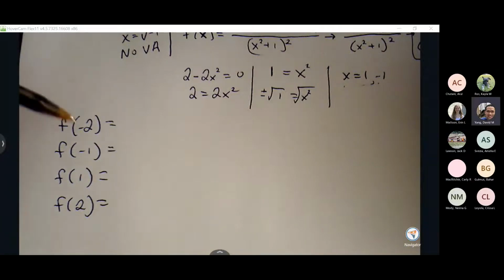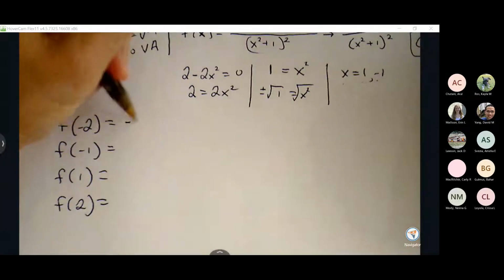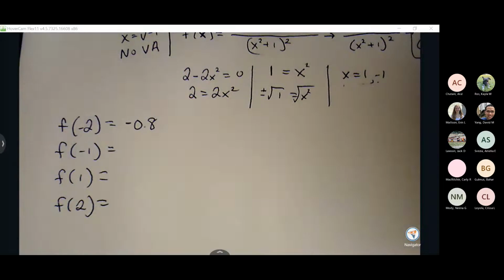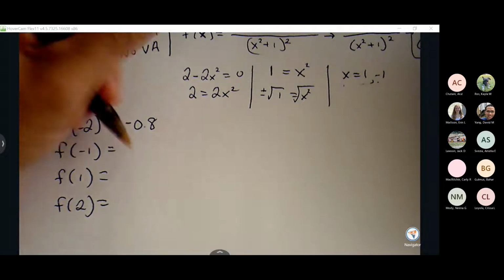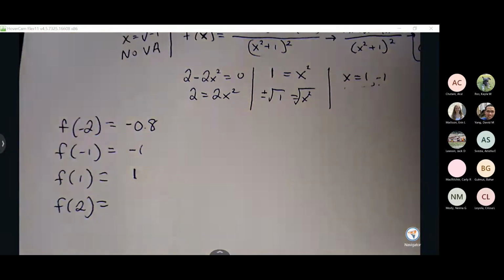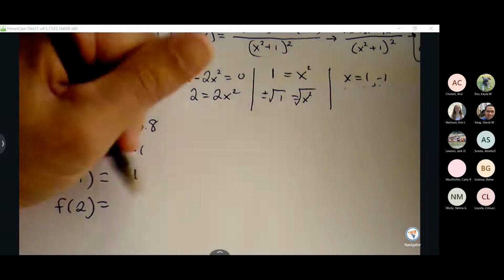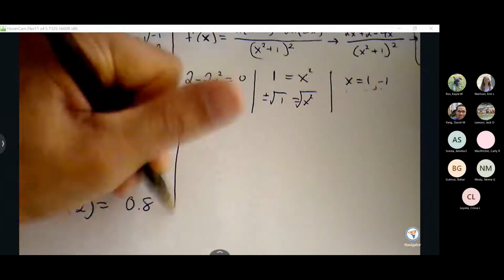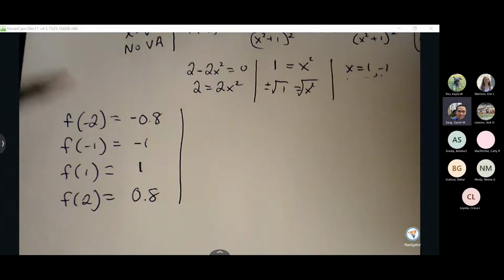Okay, so everything just goes back into the original function here. Use your calculator. Okay, so between these values here, we're looking for the highest and lowest y value.